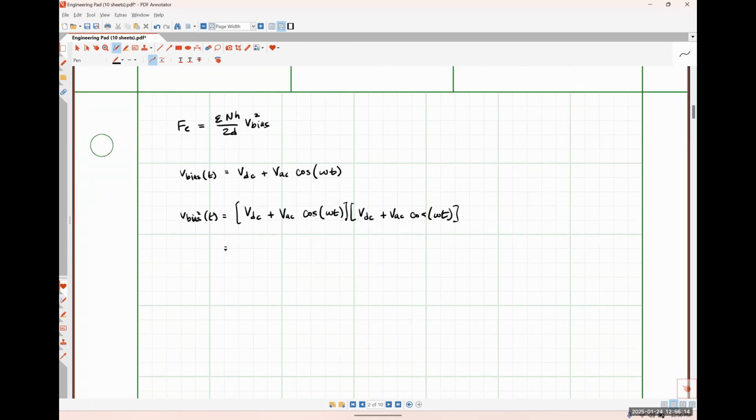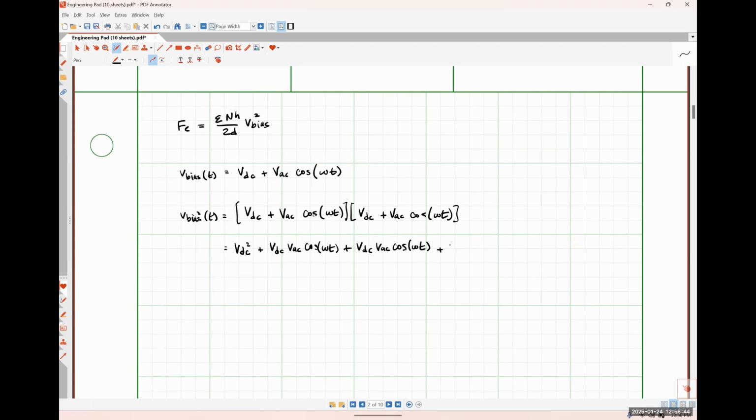Multiplying this stuff out, I'm going to get V_DC times V_DC, so I'll have a V_DC squared. Then I'm going to have a V_DC V_AC cosine omega t, and another V_DC V_AC cosine omega t, so I'm going to add those together in a moment.